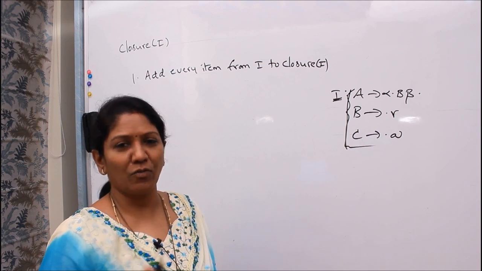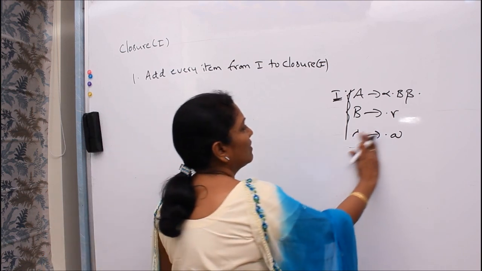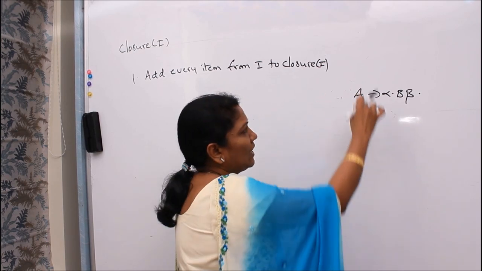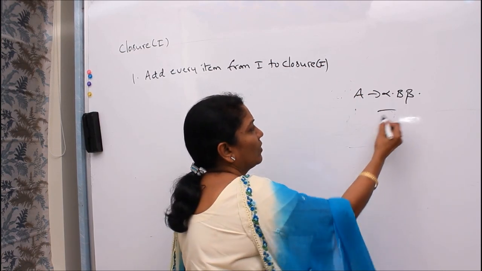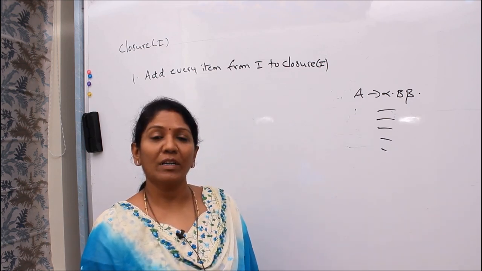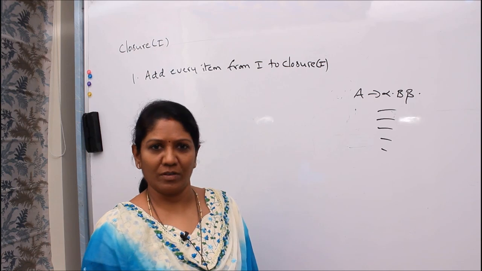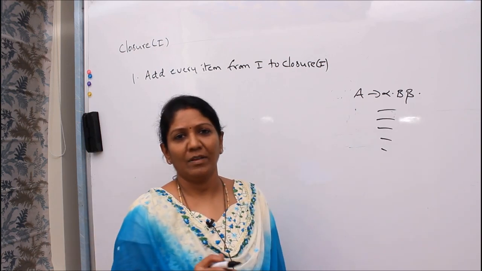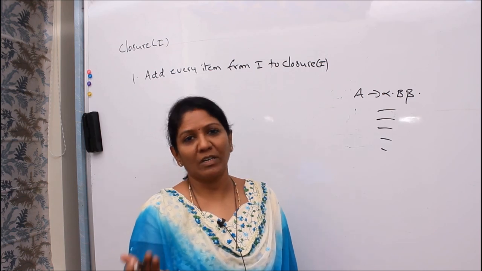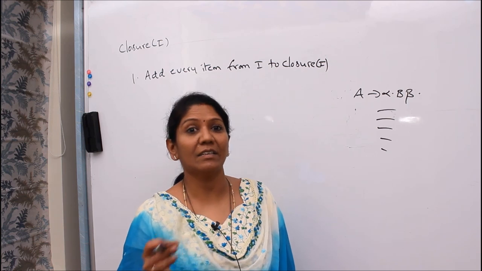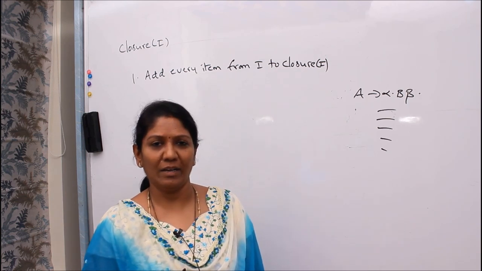Once you have a set of initial items, the closure function verifies, in each of these items, what grammar symbol follows the dot. If the grammar symbol that follows the dot is a terminal, then no need to add anything.